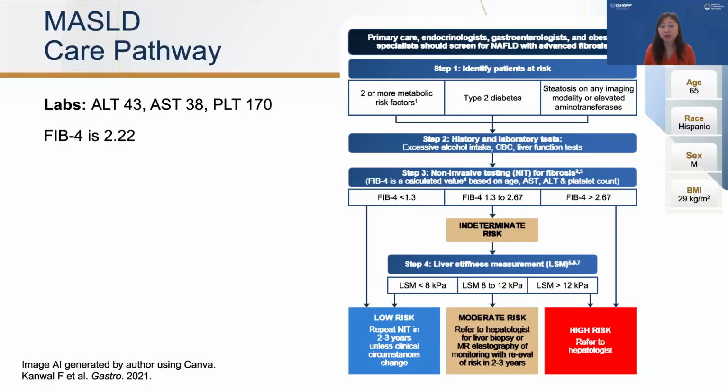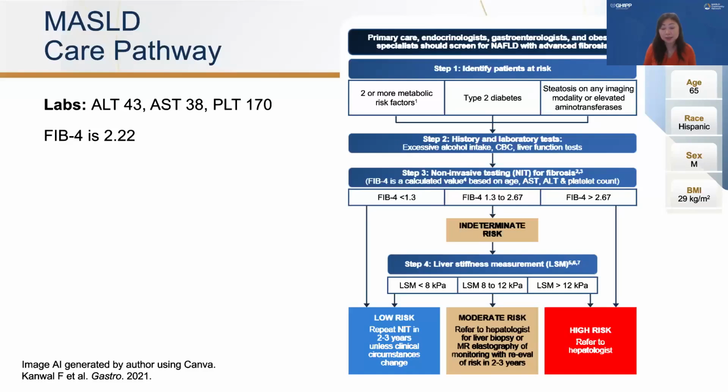That is anyone with 2 or more metabolic risk factors, type 2 diabetes, anyone with steatosis on imaging or elevated liver enzymes. You want to assess the alcohol history, do a CBC, get a liver function test, and then calculate their FIB-4. If the FIB-4 is less than 1.3, then this patient is considered low risk.